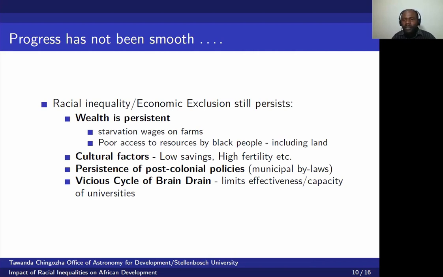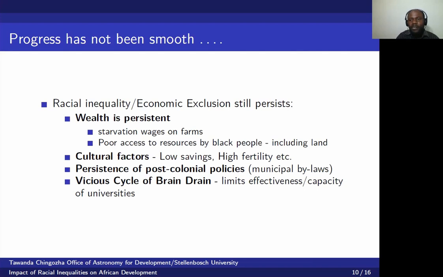We also have cultural factors, whereby due to high fertility, for example, larger household sizes mean that the head of household can only invest so much in each child. Whereas when you look at Western families in general, they've got smaller household sizes, which means they can invest more in each child, which then means that they are able to recruit substantially more students into good quality higher education than their African counterparts.